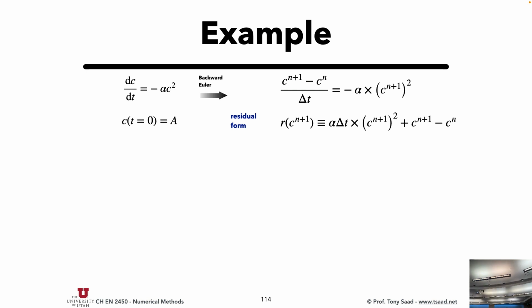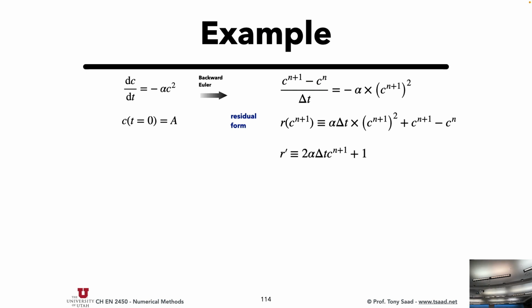So I move everything to the left-hand side, and you get C^(n+1) minus C^n plus alpha delta t times (C^(n+1)) squared. In a minute, the indexing is going to get quite complicated. For Newton's method, you also need the derivative of the residual function. So for the final, you need to know Newton's method very well.